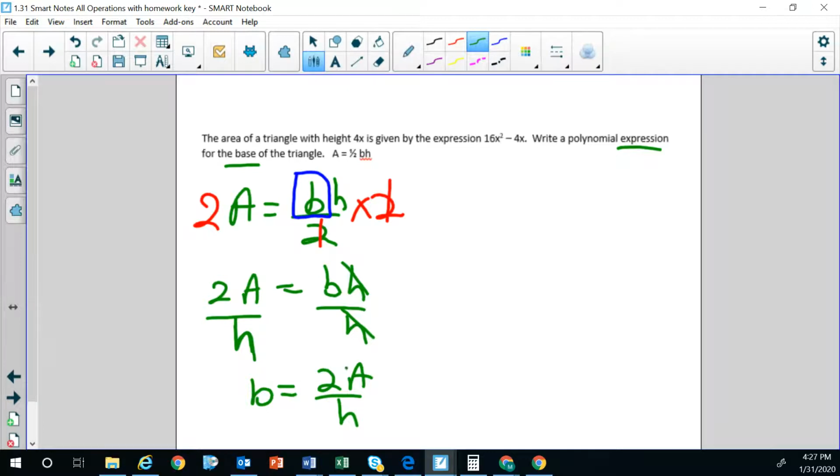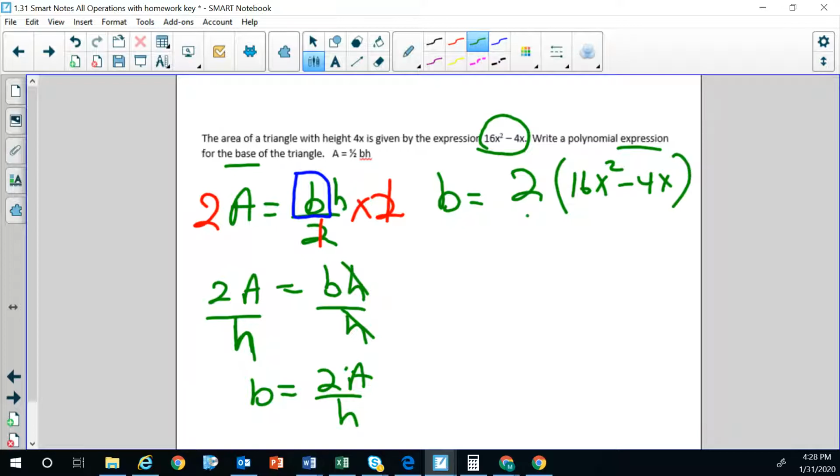What is A? In the problem, A is equal to 16x squared minus 4x. So my B is going to be equal to 2 times A, which is 16x squared minus 4x, and that is divided by my H, which is 4x.